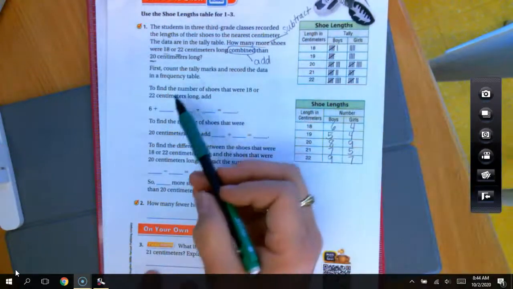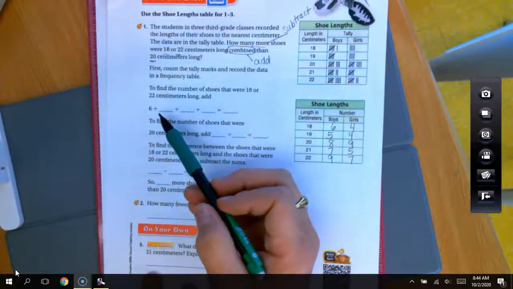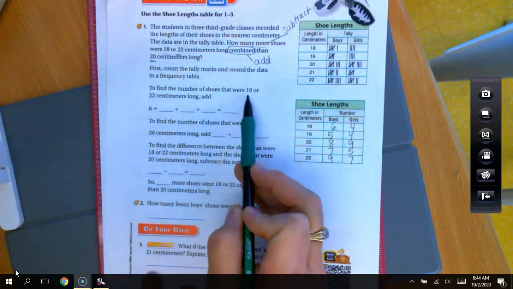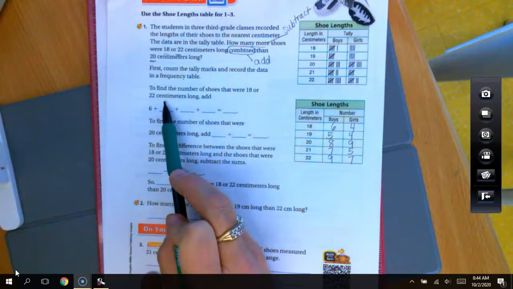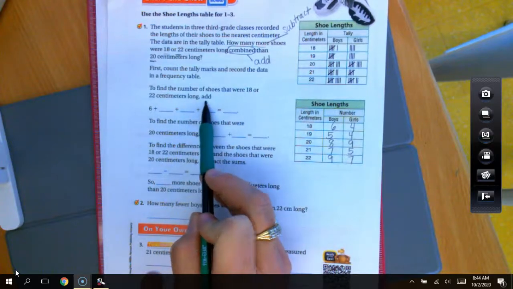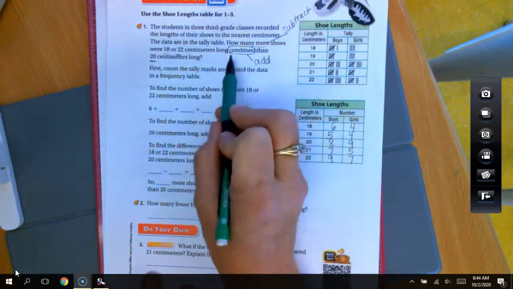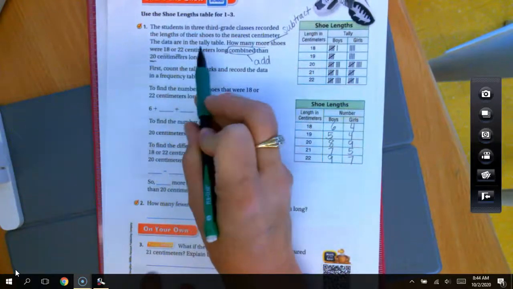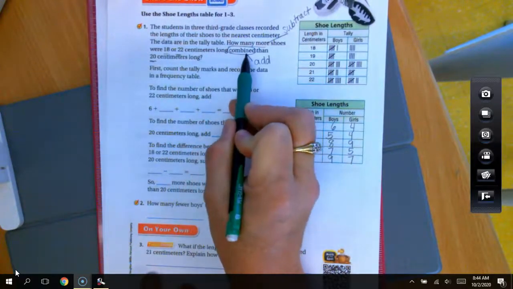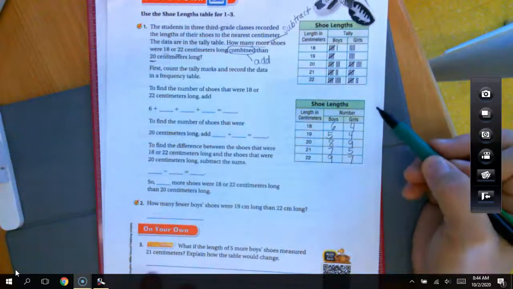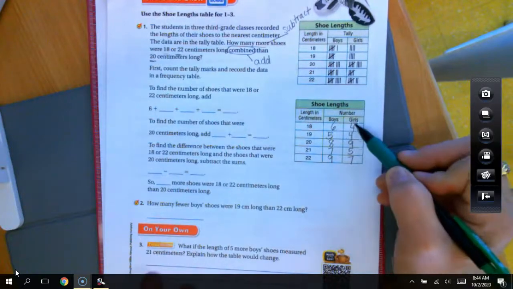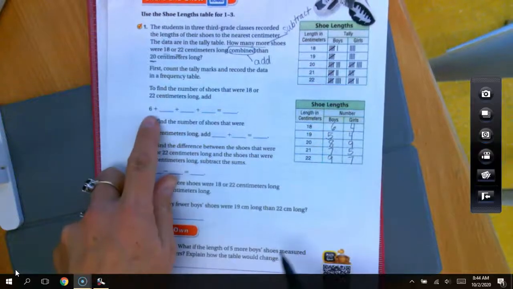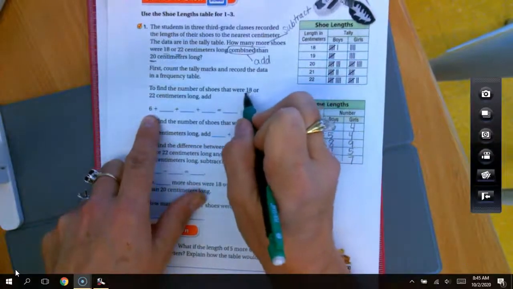So let's go back over to the left. It says to find the number of shoes that were 18 or 22 centimeters long, we need to add. We need to add because of this word combined. I have 18 or 22 centimeters long combined. Boys and girls, that means we have to look at both boys and girls. They started it out for us. You see a 6. Well, I first have to look at the 18.